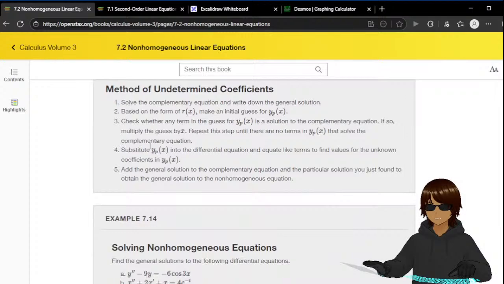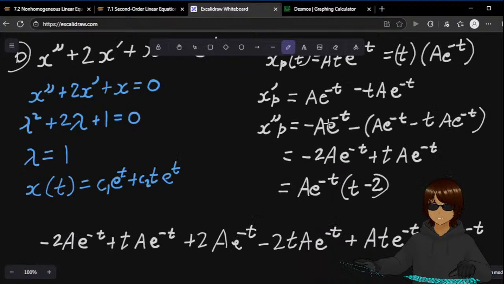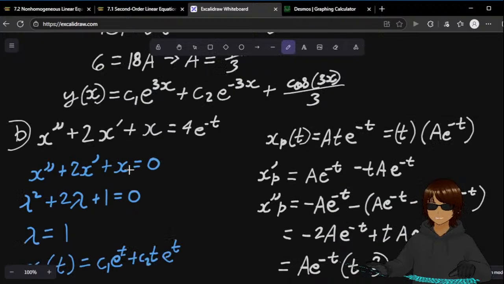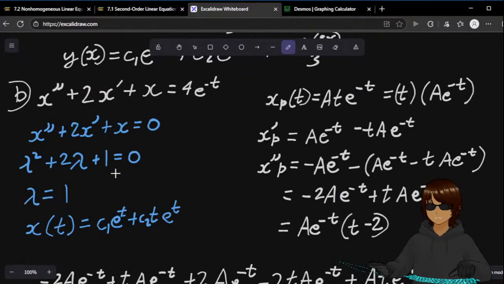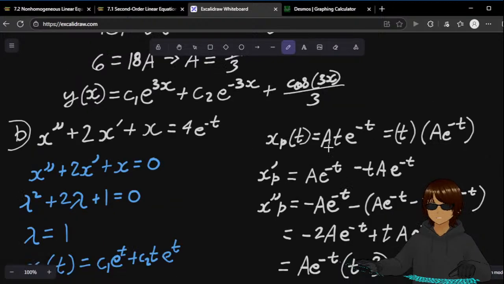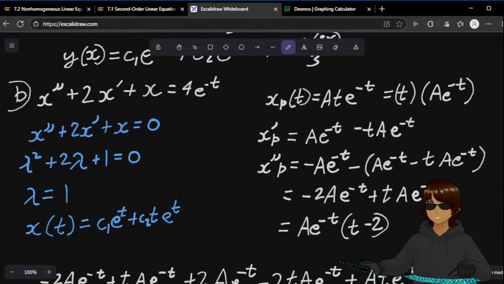Okay, so if it solves the complementary equation, check whether any term in the guess for yp is a solution to the complementary equation. So my guesses for yp cannot solve the complementary equation. If it does, then I have to make another guess. So instead of at, I now have to guess a t squared.